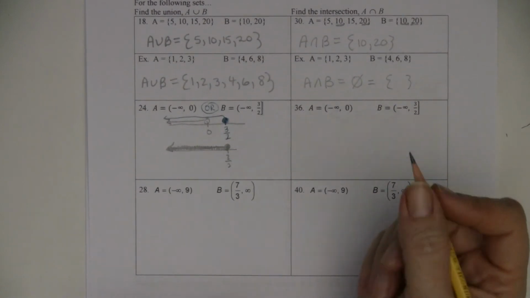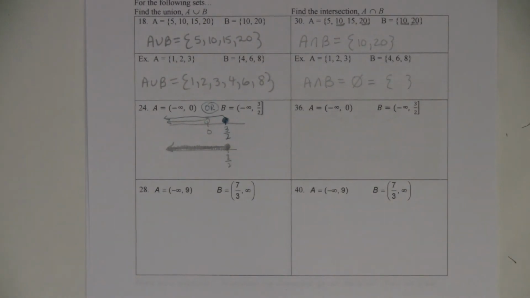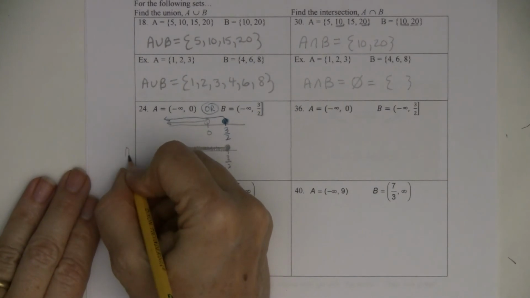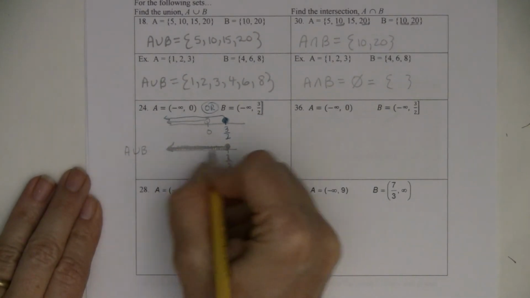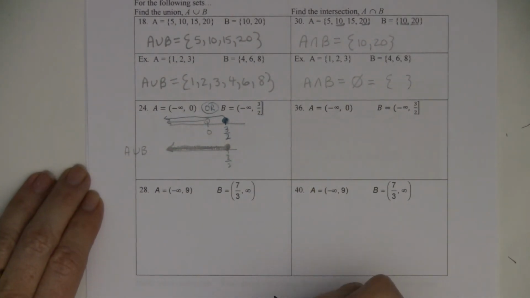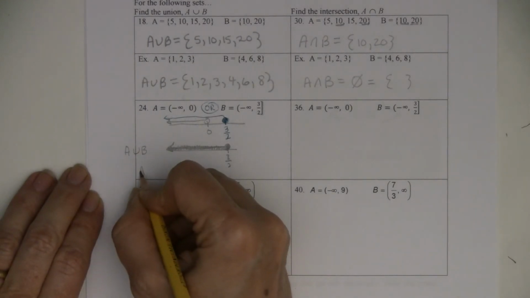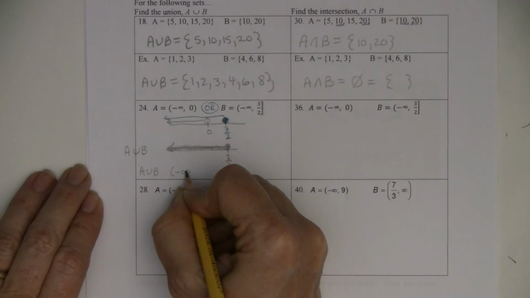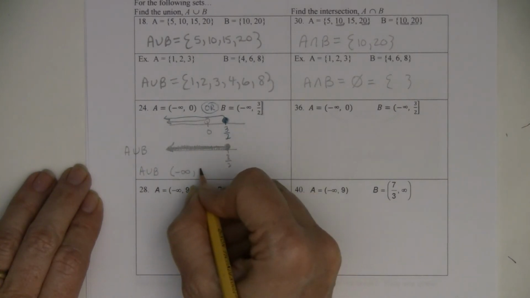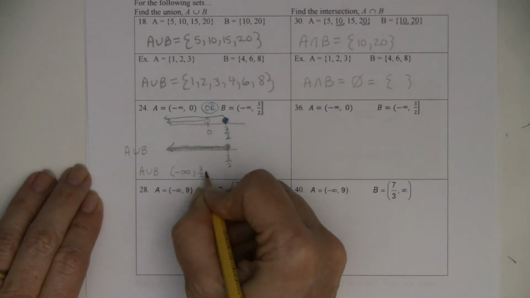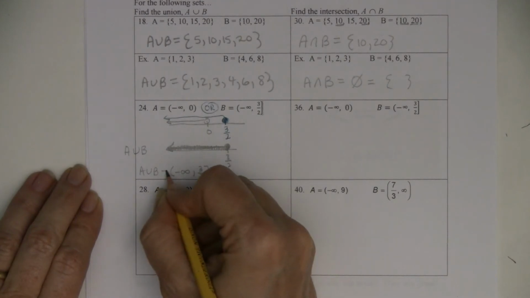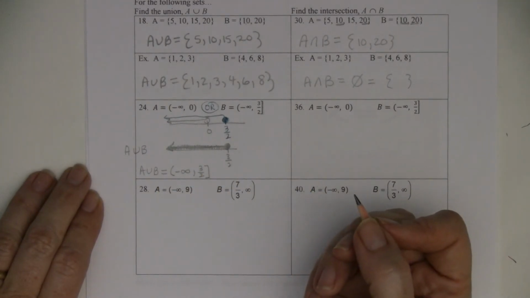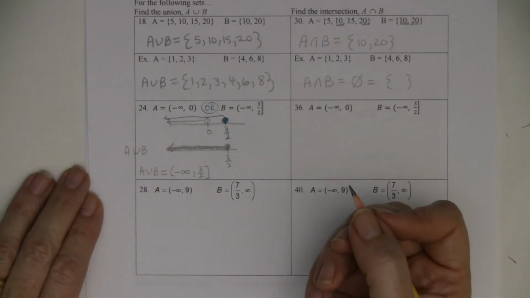Anything smaller than 3/2 is part of the or. So this is the graph of A union B. If I want to write it in interval notation, A union B would be from -infinity all the way to 3/2. Now, if you're saying, isn't that exactly B? The answer is, yes, that is exactly B.